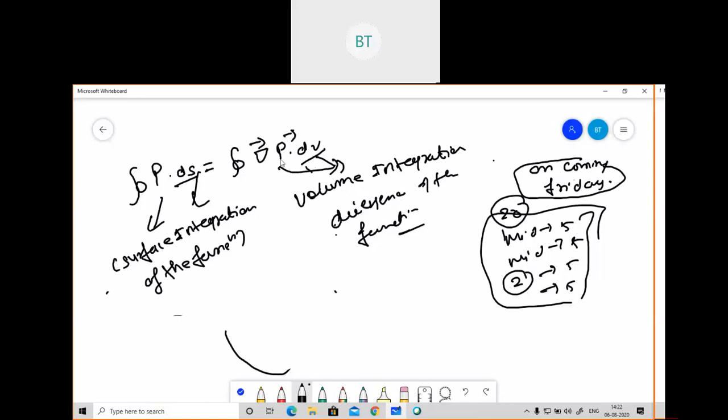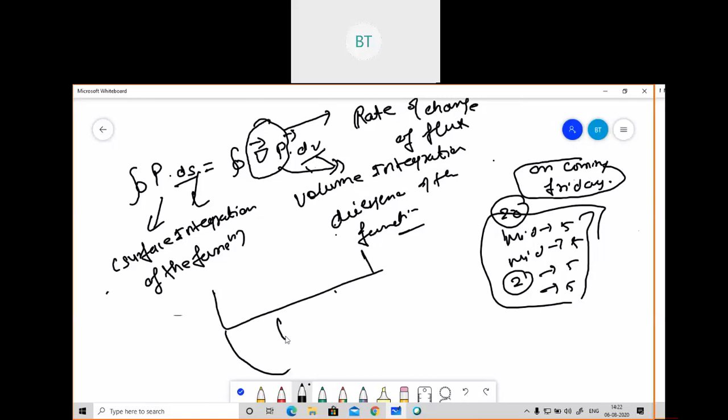And del dot P is known as the rate of change of flux. So this is the mathematical formula, and this is what we call the Gauss divergence theorem.